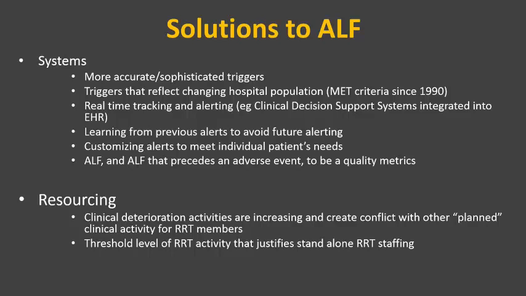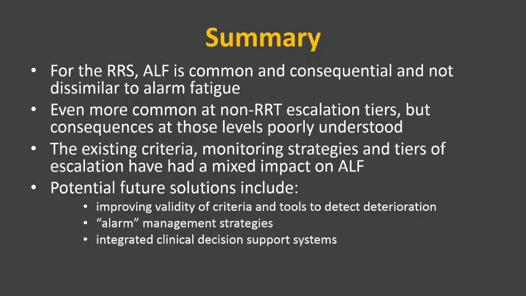So I think all our institutions need to look at the threshold level of activity that justifies having a standalone team. We recently did that in our institution, and we've had quite significant positive and measurable benefits for the staff and for the patients, in our workload, and in how the rapid response team is being viewed within our institution.